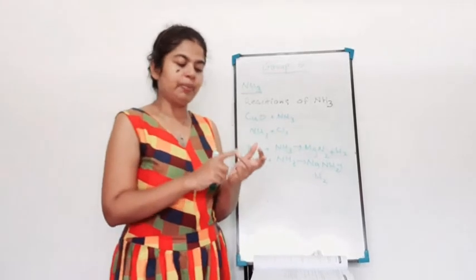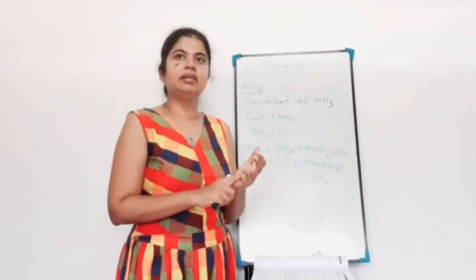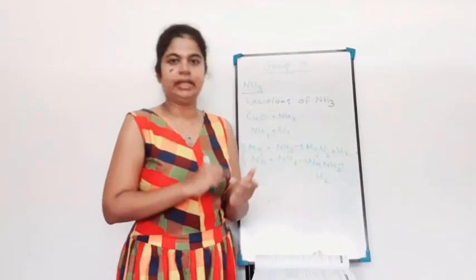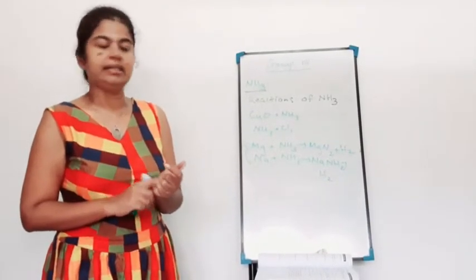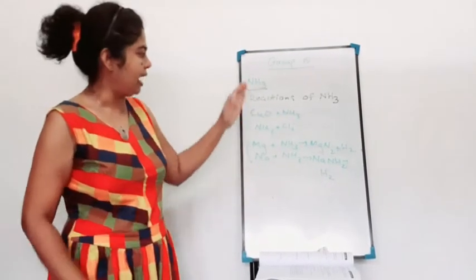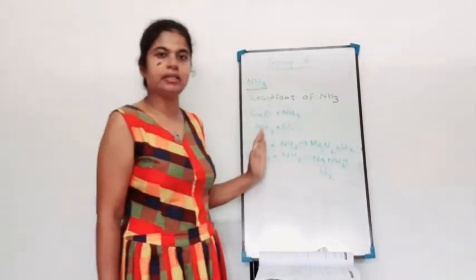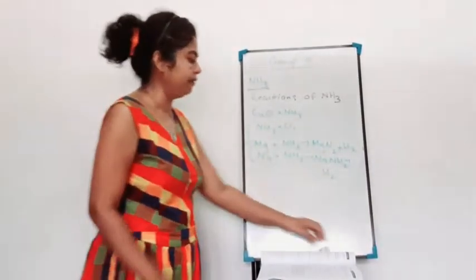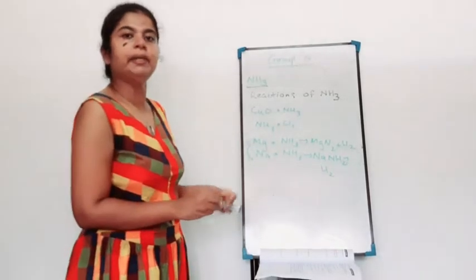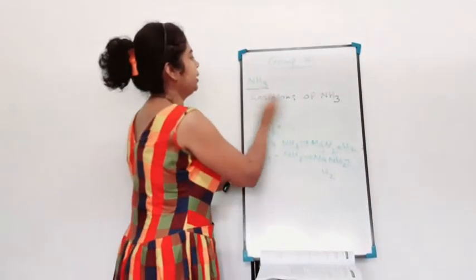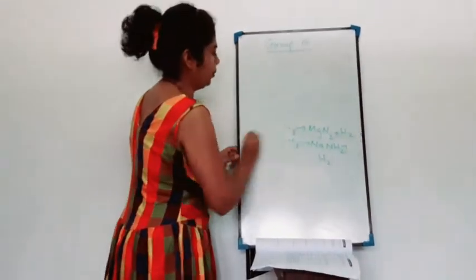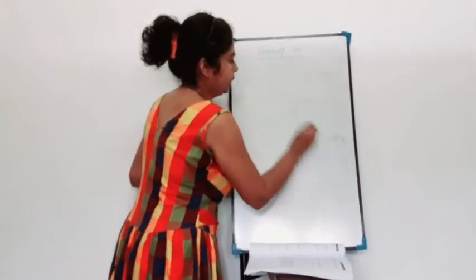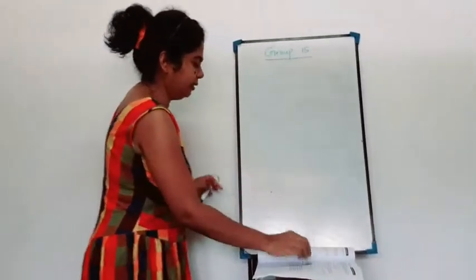Then ammonia can act as a reducing agent, and ammonia can act as an oxidizing agent. Right. So we have discussed all the examples. Then we move on to the thermal decomposition of ammonium salts. We take one by one and see.